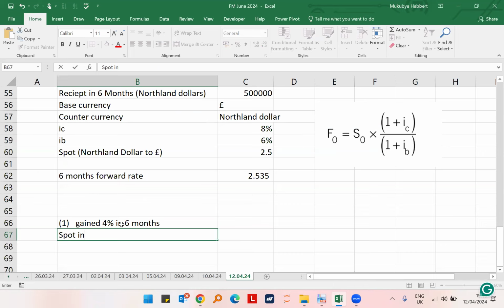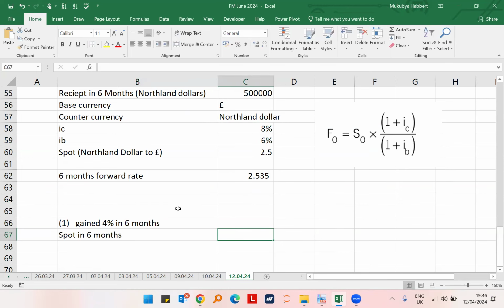Yes, Godfrey. Could it be because of rounding off? Because I had gotten 2.547. No, not rounding off. Did you convert this one to 6 of 12, and also the IC and IB? Remember, we have 12 and 15.